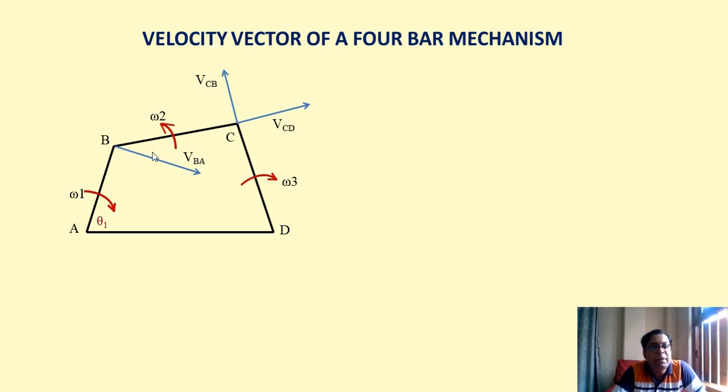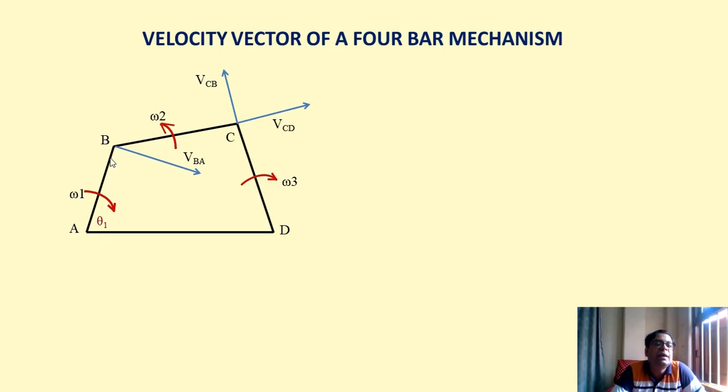Now, what happens if this particular angle ABC is less than 90 degrees or greater than 180 degrees? My dear friend, please remember that when the angle ABC, that is between the crank and the connecting rod, is less than 90 degrees or greater than 180 degrees, then the rotational direction will be in the same sense.